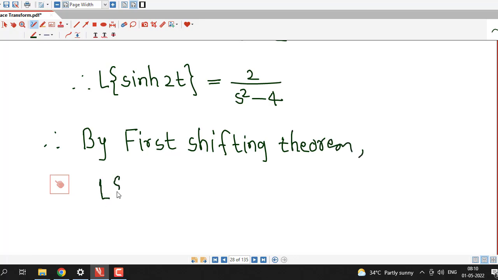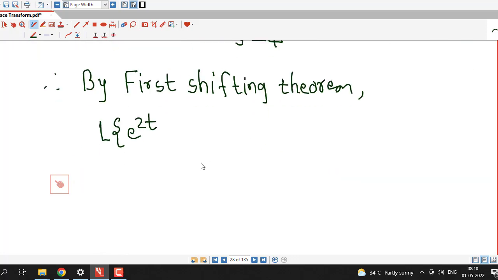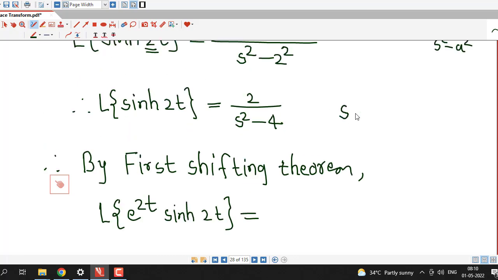the Laplace transform of e raised to 2t times sine hyperbolic 2t is obtained by replacing s by s minus 2, because the coefficient of t is 2 here.